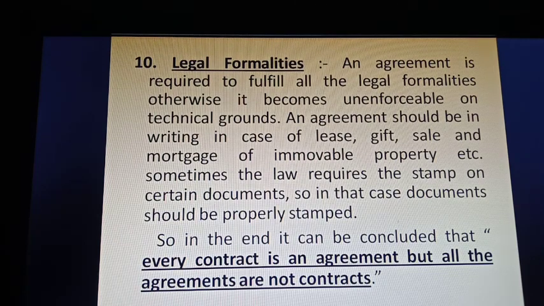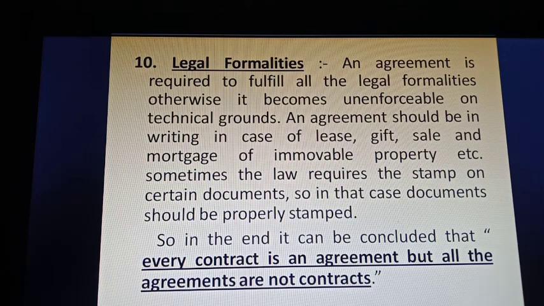Because if those legal formalities required in any particular law are not fulfilled, then the agreement becomes unenforceable on technical grounds. An agreement is required to fulfill all the legal formalities, otherwise it becomes unenforceable on technical grounds.